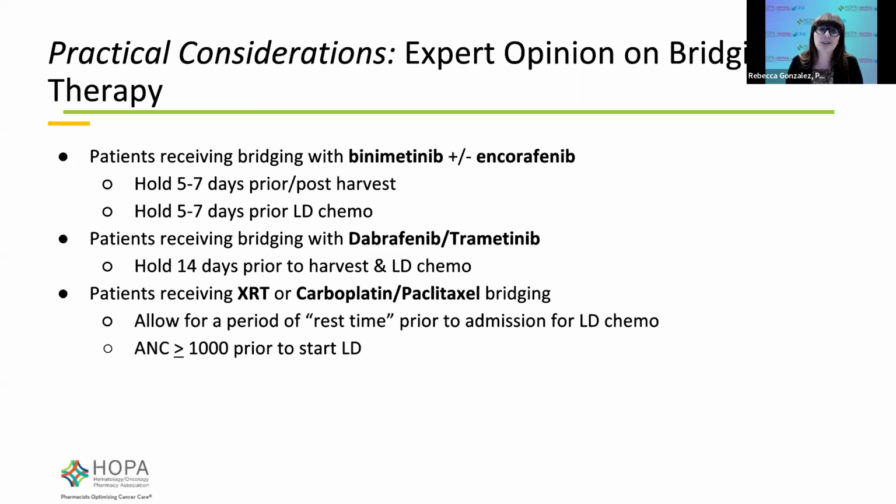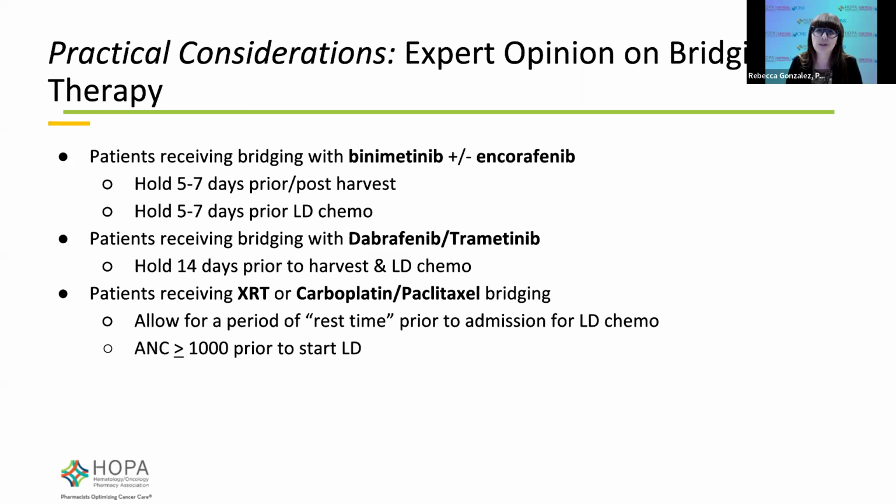Now, for those agents like trametinib, which maybe the half-life's 4 to 5 days, certainly having a longer time off therapy and washout period may be necessary to reduce toxicities. Many of our patients may get adjuvant radiation therapy or classic chemotherapy like carboplatin-paclitaxel. And certainly there isn't a fine number I could provide to you, but usually we want to wait for resolution of acute toxicities.